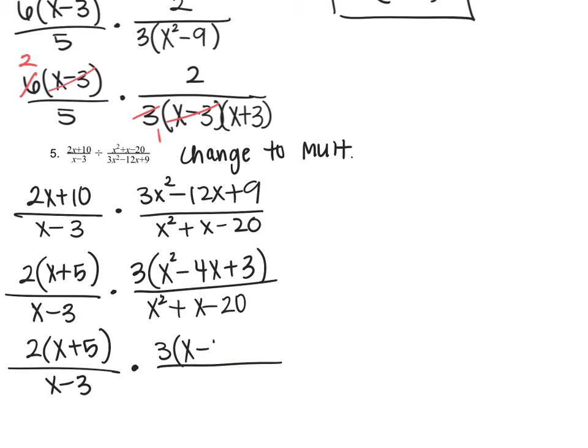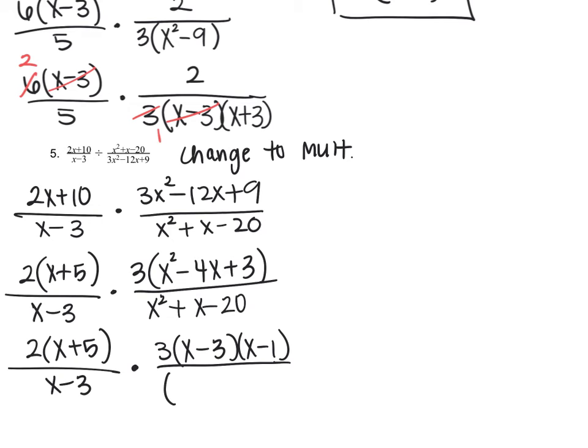And that's going to be negative 3 and negative 1. So there's only one way to multiply to 3, 1 and 3. And the only way for them to add to negative 4 is to both be negative. And then in my denominator, I'm looking for the numbers that multiply to negative 20 and add to 1.